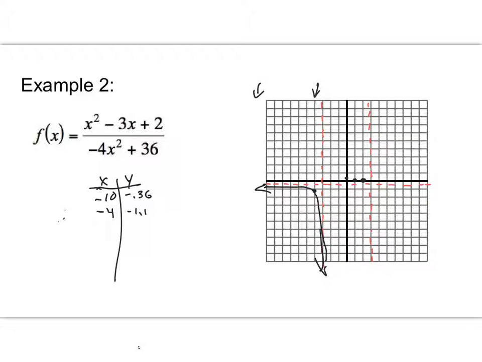All right, and then I need to check values to the right of that asymptote and to the left of the next one. So for those, I'm going to plug in, let's see, -2 would be a good spot, and +2 would be a good spot. I already have a good idea of what that asymptote's going to do because of these points here, but just to be sure, I'm going to plug in values.